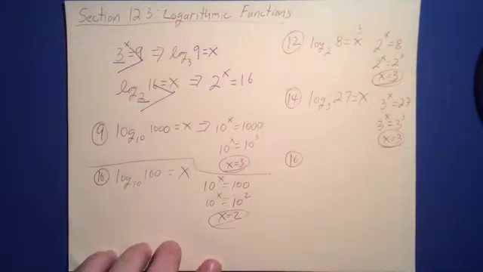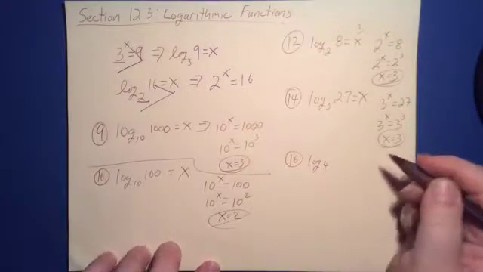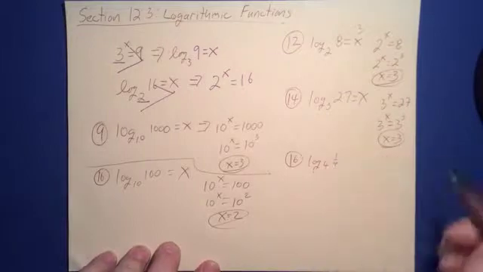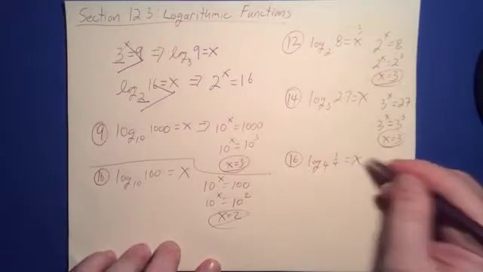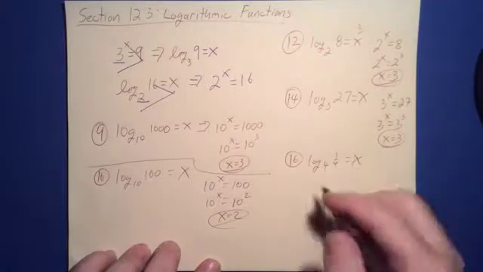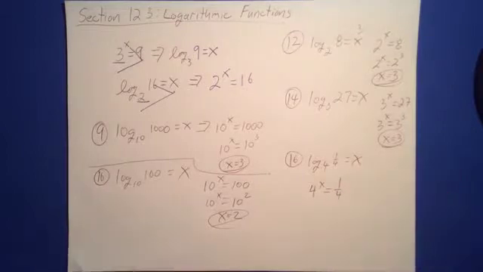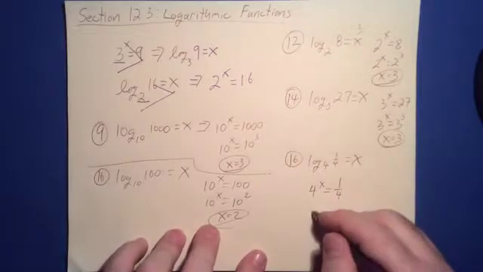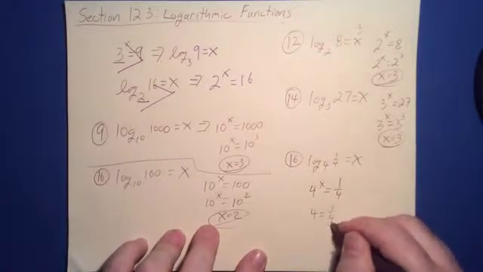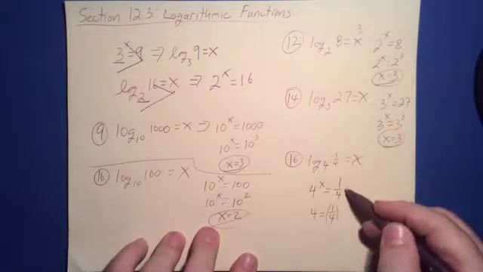Let's go to 16 now. We have the log, the base 4 of 1 over 4, and we're wondering what that equals. So let's set that equal to x. If I write that in exponential form, we have 4 to the x is equal to 1 over 4. Well, the way we can write 1/4 as a power of 4 is if I take 1 over 4 and raise it to the negative 1, I would flip it.